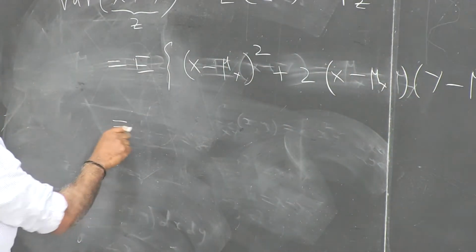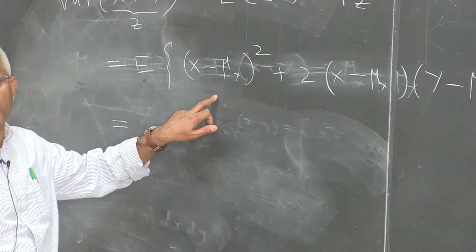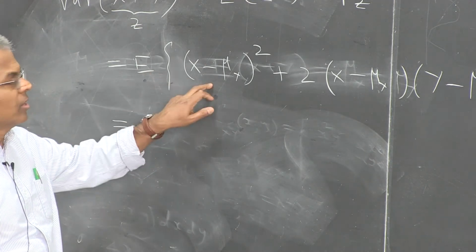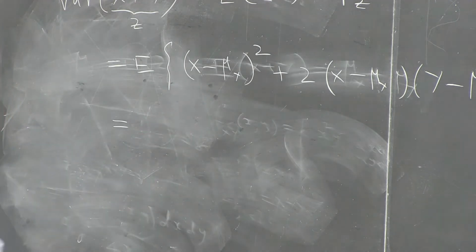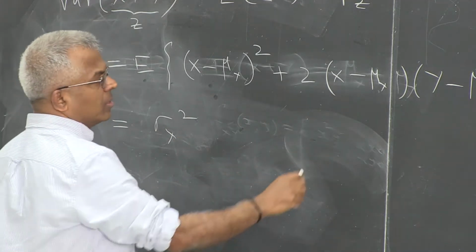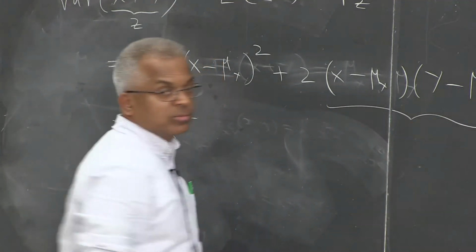So what is the expected value of the first term? Here, the expected value of the first term is sigma x squared, right? The expected value of the last term is what? What is the expected value of the second term?